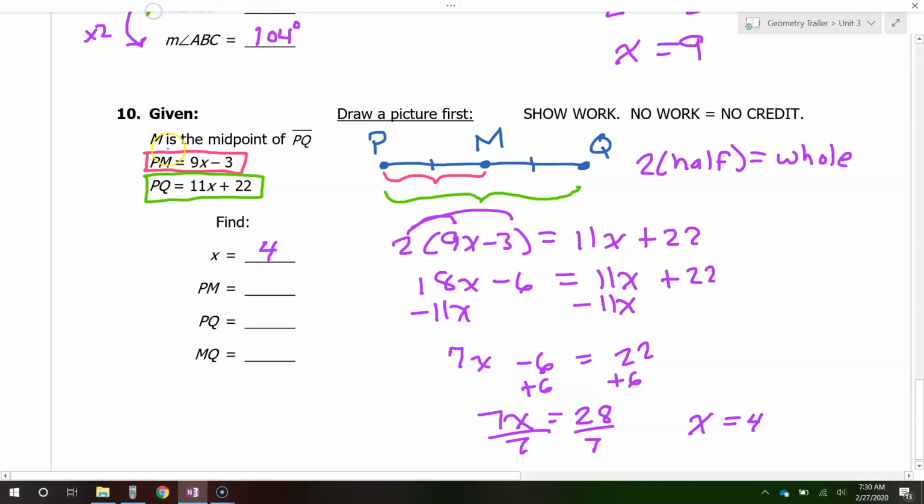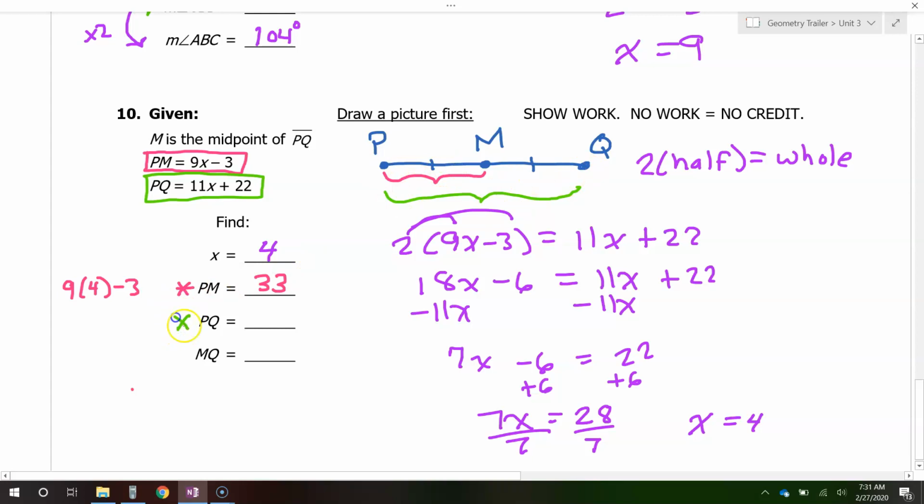Now it's time to find PM. This is red. 9x minus 3, so I'll just put it right here. We'll do 9 times 4 minus 3. 9 times 4 is 36, and 36 minus 3 is going to be 33. Now PQ is twice as big. PQ is double the length of PM.